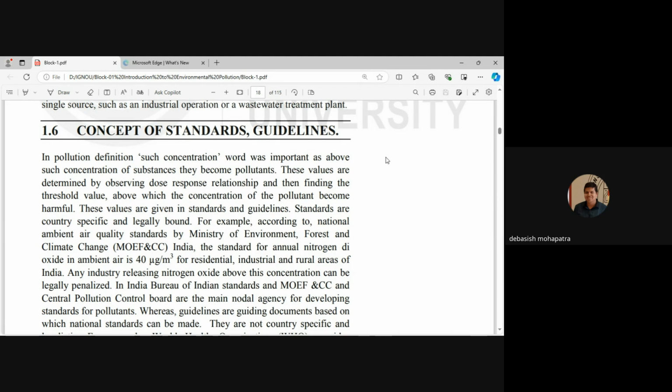As I told you, limits have been set, on which basis we can say after this limit it becomes harmful, or up to this limit it is safe and acceptable. So these are all guidelines and standards.